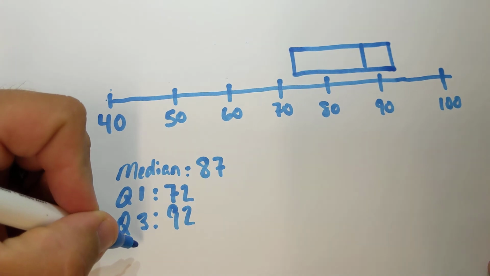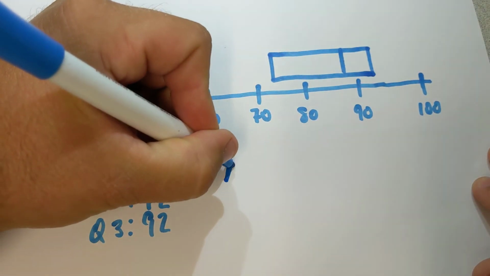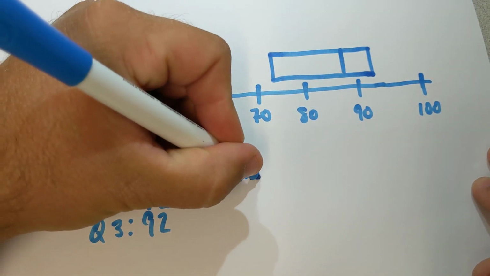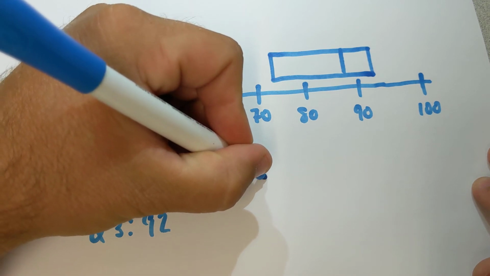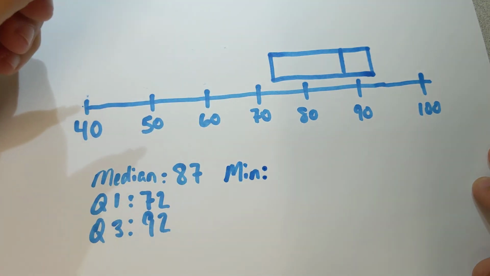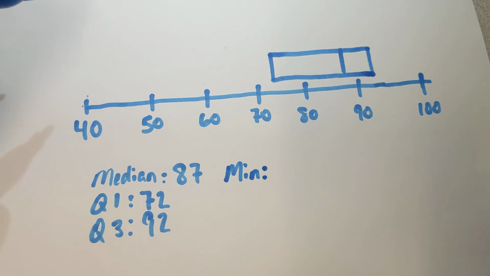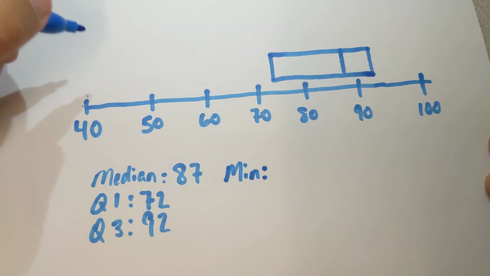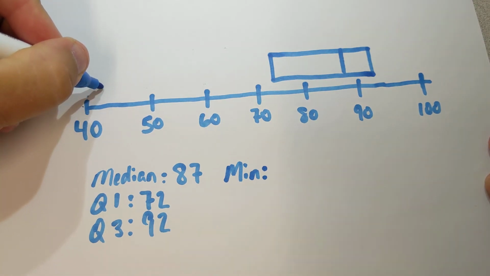My minimum number on the quiz score was about a 42. So I'm about right in here.